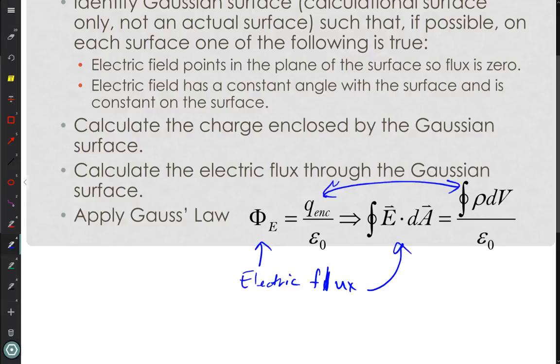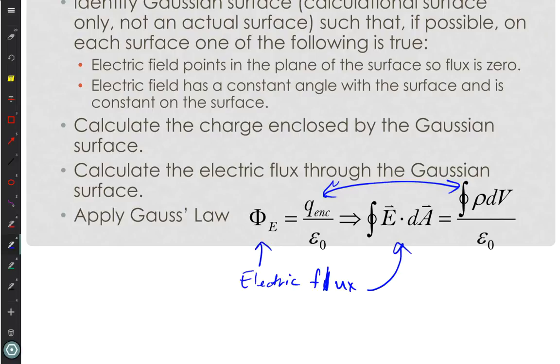I just wrote a volumetric distribution because given your symmetry, you are likely to have a volumetric distribution of one type or another. So once again, you had experiences with using this law with cylindrical symmetry, with spherical symmetry, and finally with planar symmetry. I think that was the order that you had the problems.